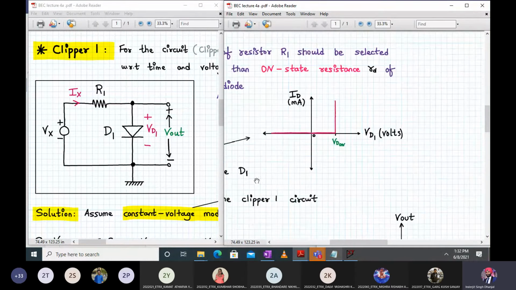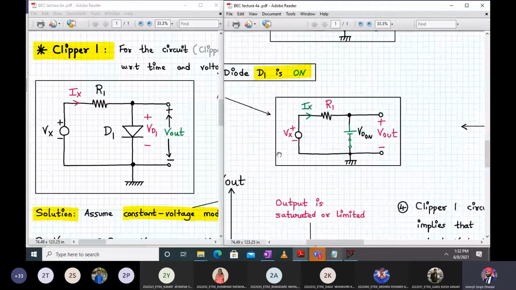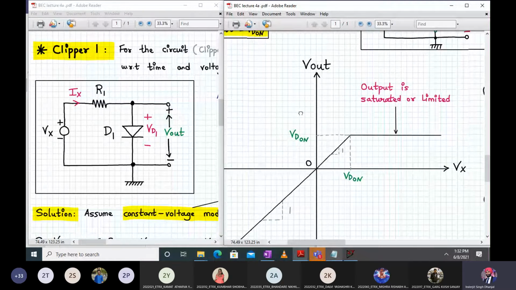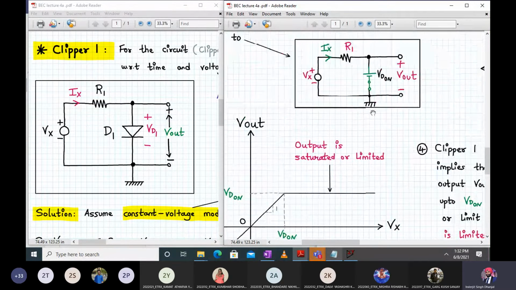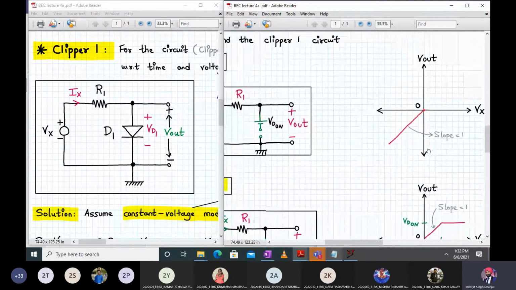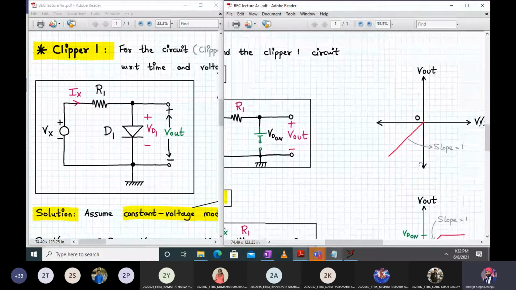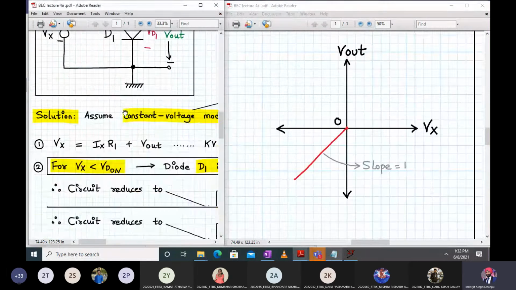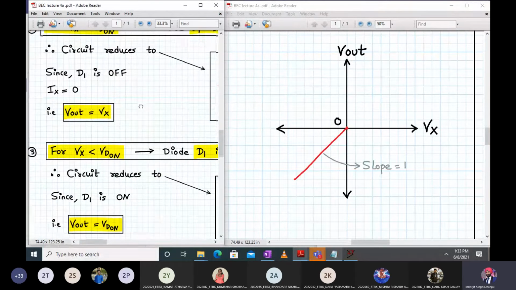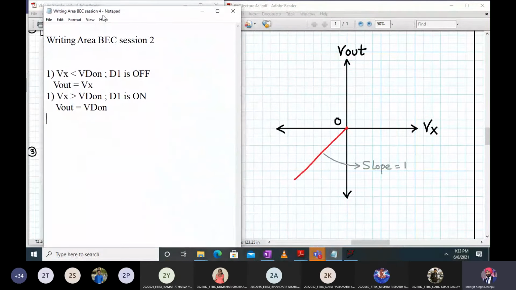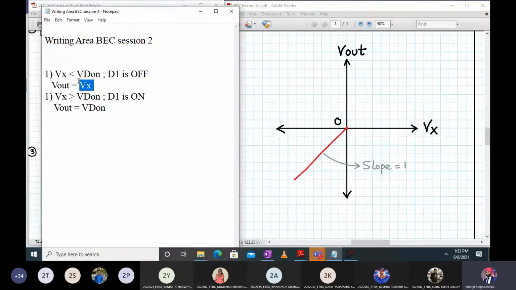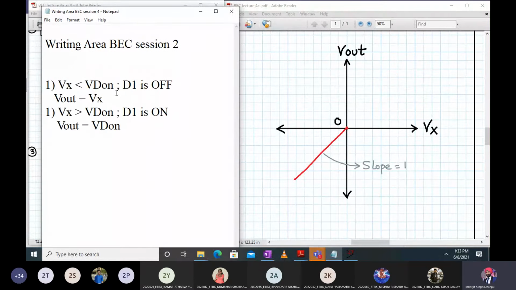Okay. Now let us proceed forward. So we have seen when the diode is turning on and when the diode is turning off, right? So when the diode was off, Vout was equal to Vx, correct? So this is a Vx versus Vout graph.